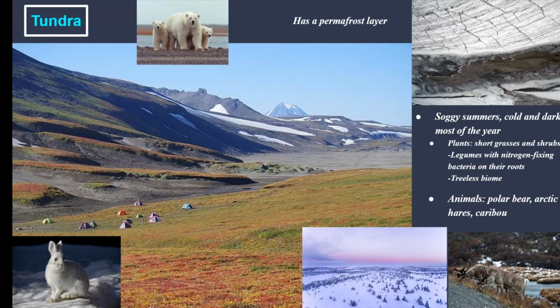The plants that can survive here are short grasses and shrubs, certain legumes which have nitrogen-fixing bacteria, such as other plants mentioned, and this is the only biome not to feature trees. Animals that are capable of surviving in this biome are polar bears, Arctic hares, which are similar to rabbits, and caribou. Now, this biome is also sometimes known as the cold desert or the snow desert, because it is very much like a desert, but focused on cold.